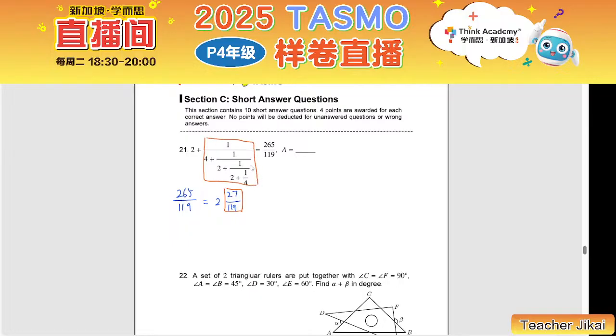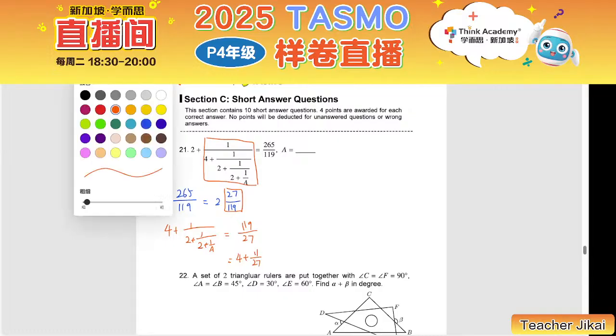And then we just take the reciprocal. So you can see 4 plus 1 over 2 plus 1 over 2 plus 1 over a is the reciprocal of 27 over 119, so it is 119 over 27. And we know it is 4 plus 11 over 27.